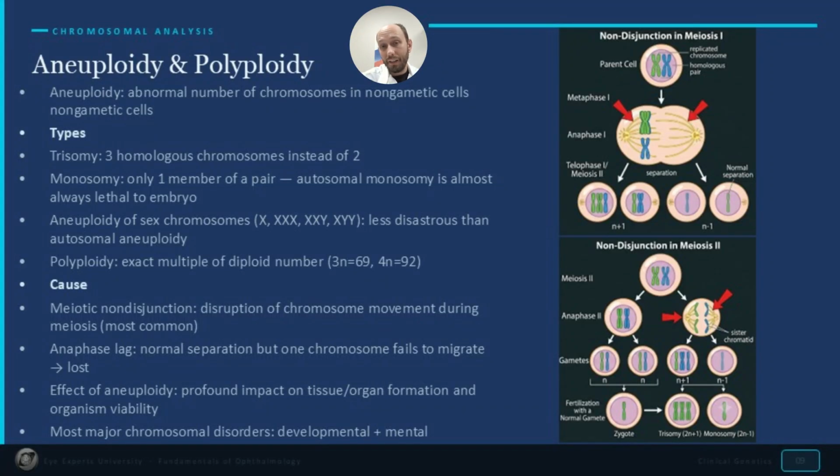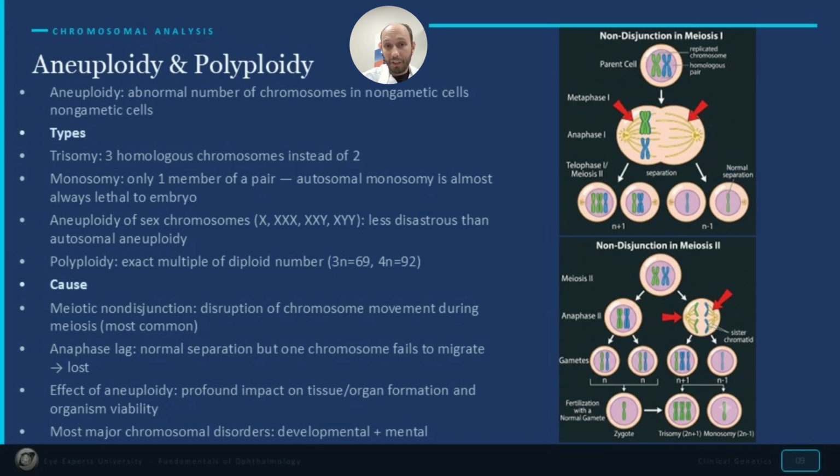And depending on which chromosome you're missing, the disease severity will be different. So Down syndrome, trisomy 21, the chromosome is pretty small. So yes, you get an extra copy, but it turns out that it's not lethal, versus most other aneuploidy conditions, which are lethal.